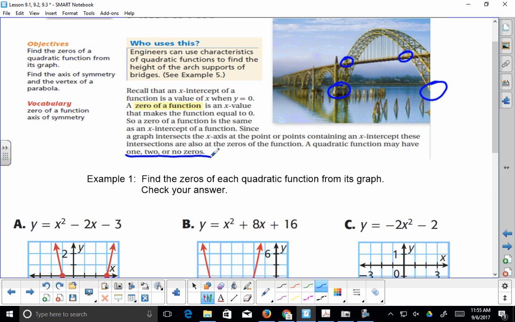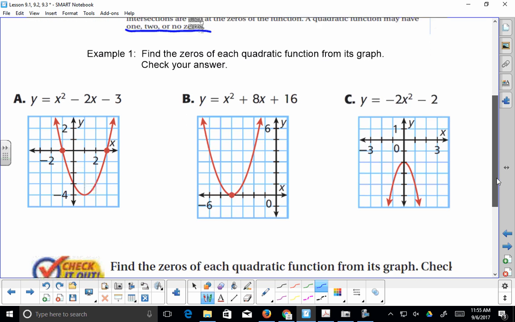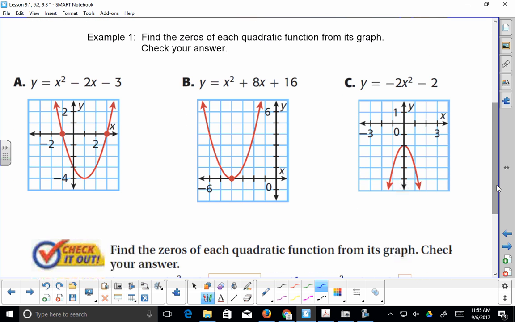All we want to know is when it crosses or touches the x-axis. So look at these three graphs and tell where they cross or touch the x-axis, if they do at all. Those are the zeros of the graph.